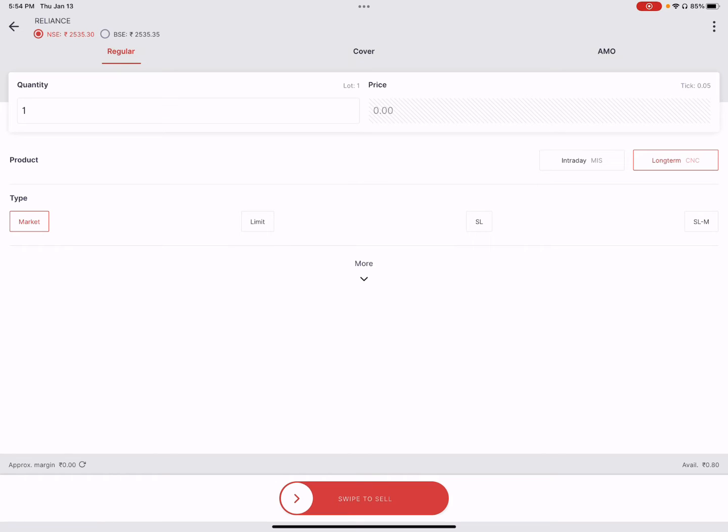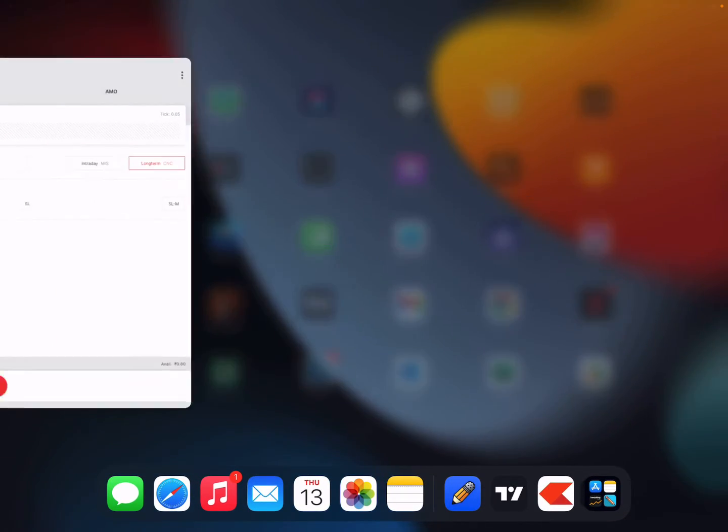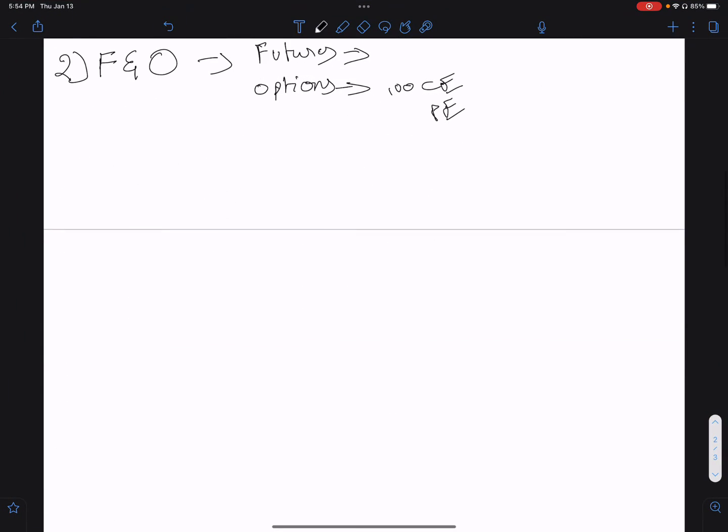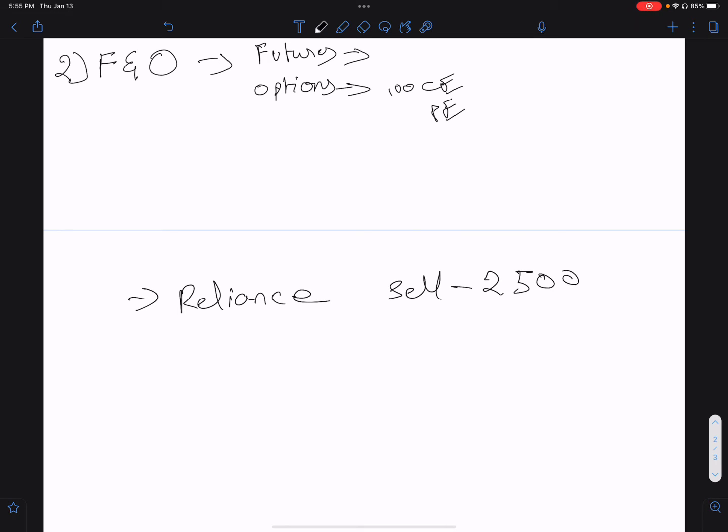As soon as it reaches 2,000 in price, you buy it back. So if you sum up this trade, you're selling Reliance at 2,500 and buying at 2,000. You have a gain of 500 over here.